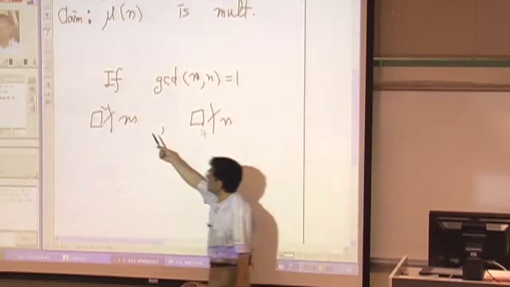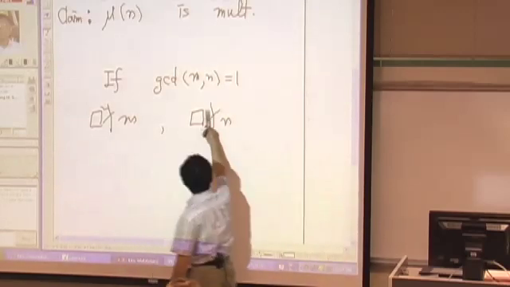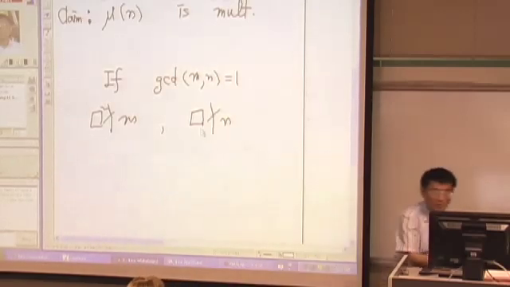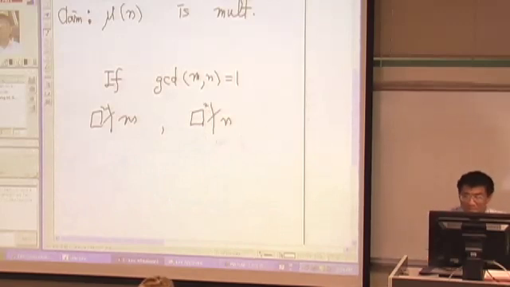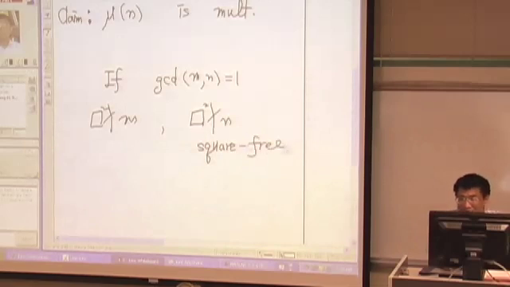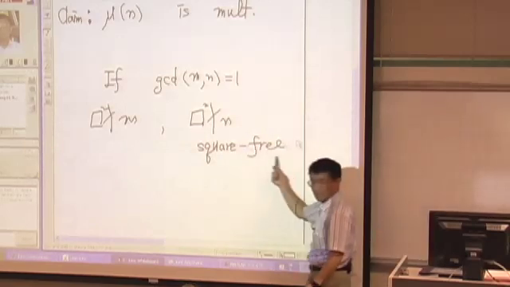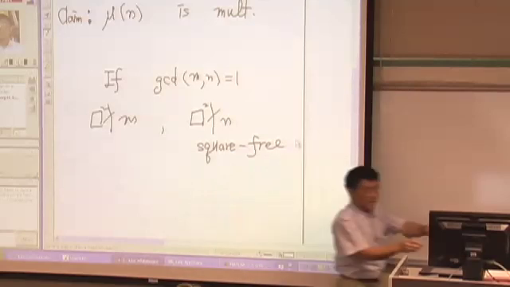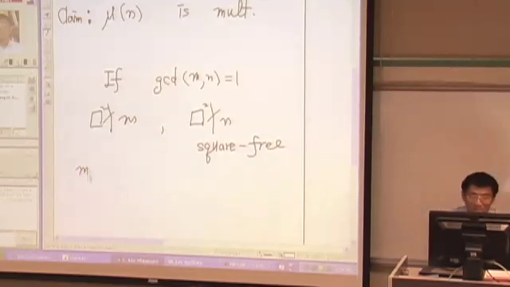If no square divides n, no square, this is called square free in short, right? So in short, people call this kind of number square free. If m and n are square free, then m can be written as some product of distinct primes, right?